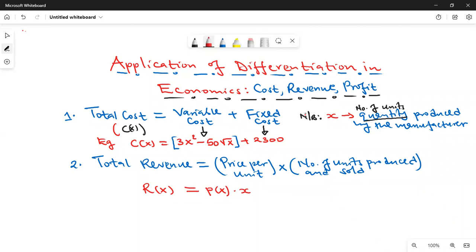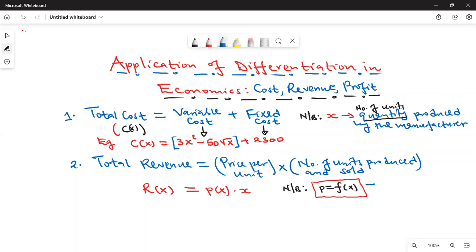So if you have a function P of X, take note that P, the small p, means price, and X is the number of units produced and sold.